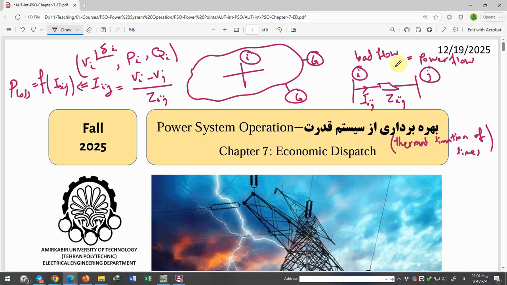This is all we get from load flow or power flow. And so we can determine that all of the generators should supply the loads plus losses.